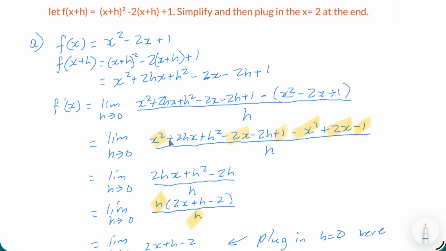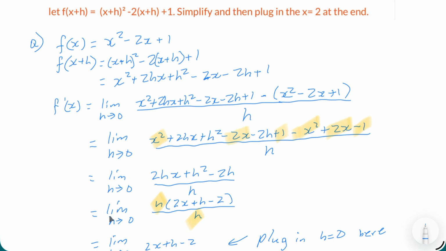Now look at the terms in there, the x squared will undo the minus x squared, minus 2x the 2x, and the plus 1 the minus 1. So then it becomes the limit as h approaches 0 of 2hx plus h squared minus 2h over h.